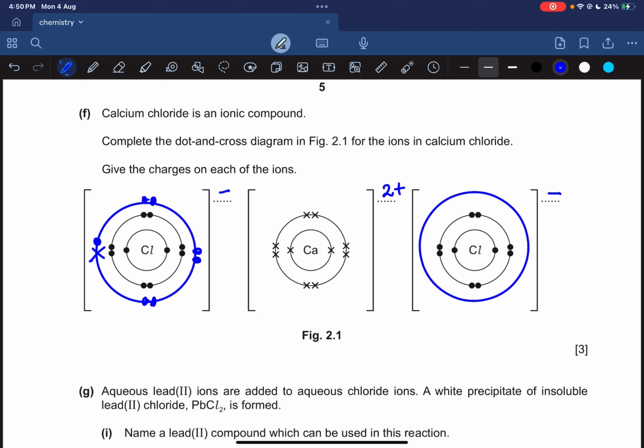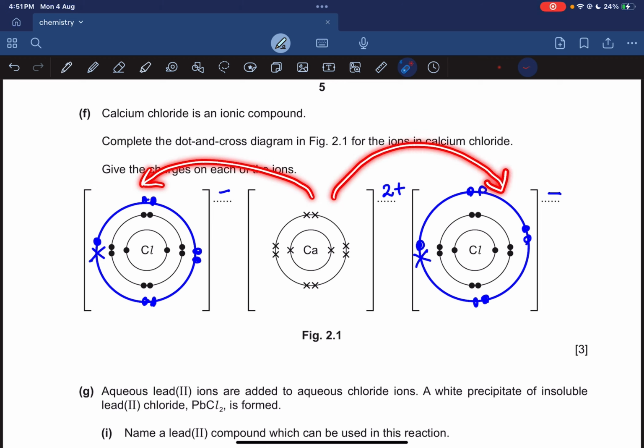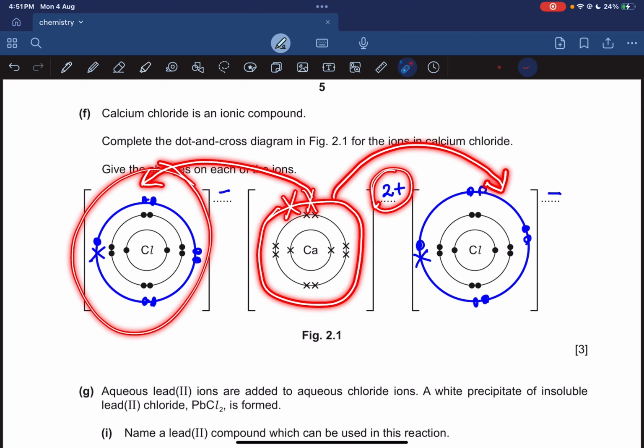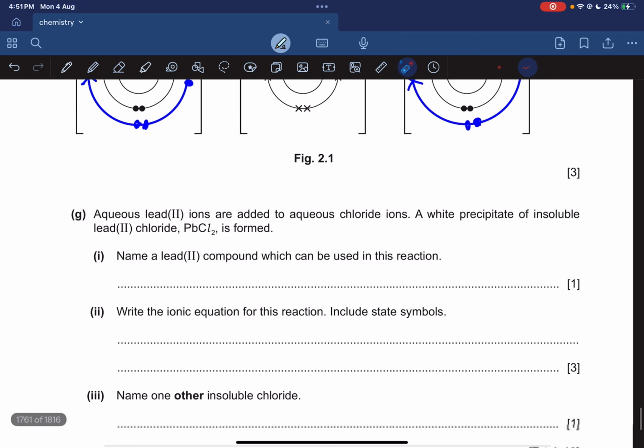Chloride again is going to have 1, 2, 3, 4, 5, 6, 7, its own electrons, and 1 from calcium. Because what's happening is calcium is giving 1 electron to this chloride, and 1 electron to the other chloride, and it has lost its 2 electrons which were previously in its last shell, and now it has become calcium 2+. And since these chlorides have gained 1 electron, they have become chloride -1.